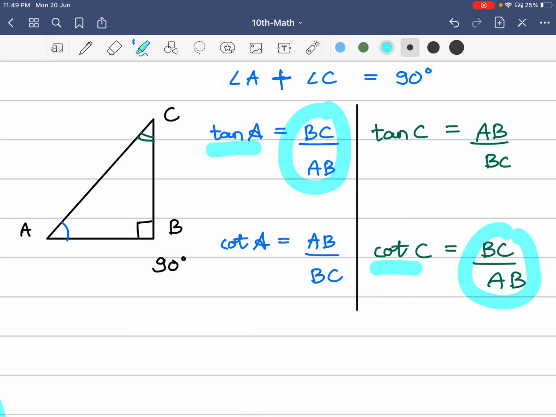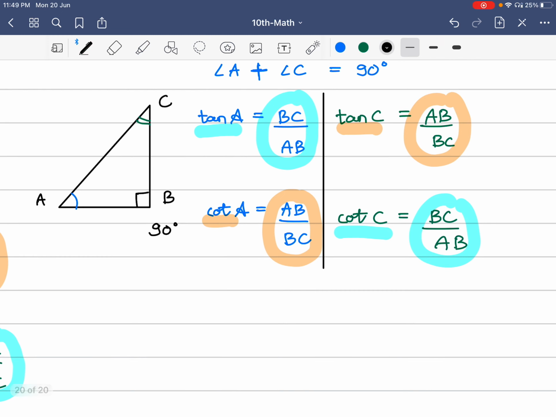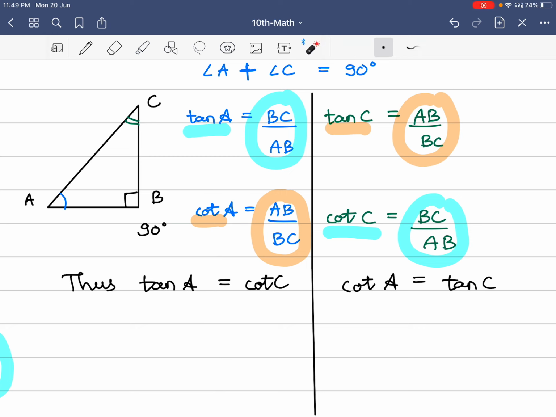So tan A is equal to cot C, and similarly AB by BC, so cot A is equal to tan C. Thus A and C, which are complementary angles, have this relationship. Tan A is equal to cot C, cot A is equal to tan C.